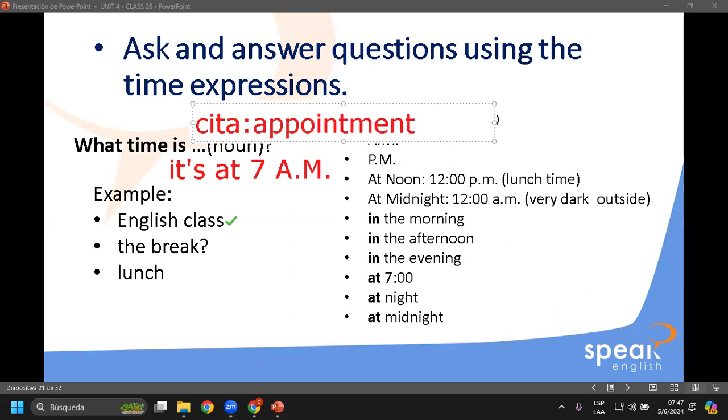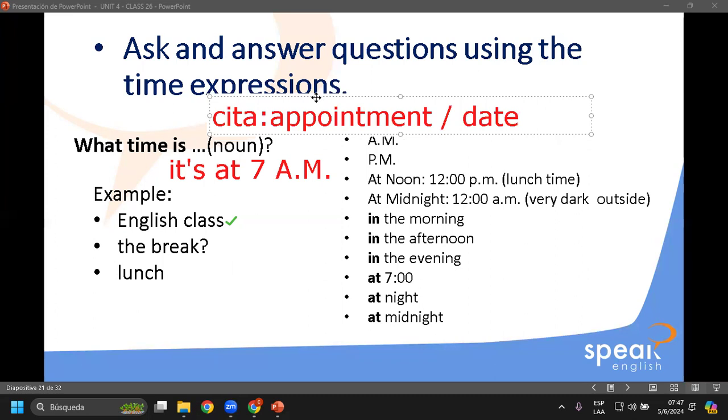For example, una cita médica, una cita con alguien del trabajo, like a meeting, that is appointment. Es como algo importante, but professionally. Si es una cita romantic, with your boyfriend or your wife or husband, we say date. So what will be the question?